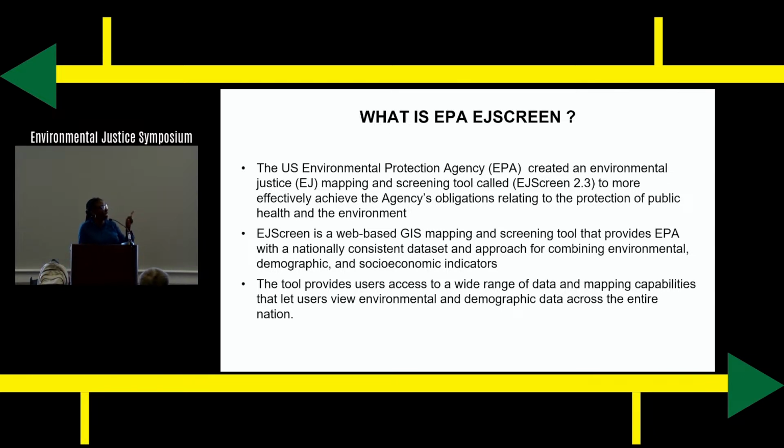And EPA uses the EJSCREEN as a starting point for their agency's consideration in environmental justice. So when they have an issue, or when they want to look at a community and decide if it's having environmental justice issues, the tool is one of the instruments the agencies use to identify those communities with environmental injustice.